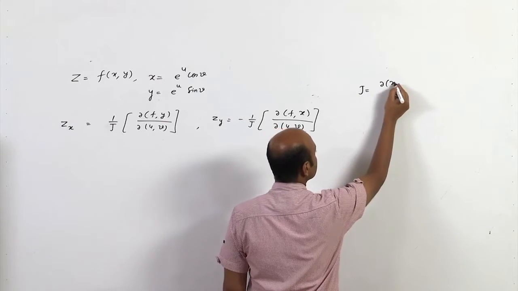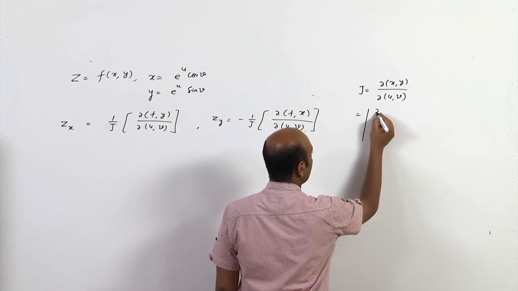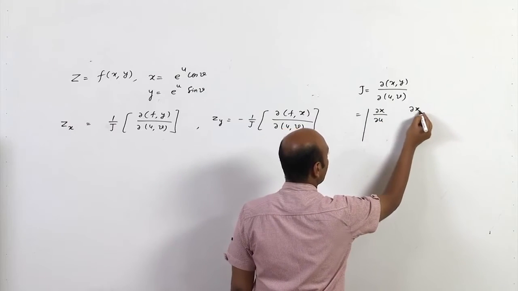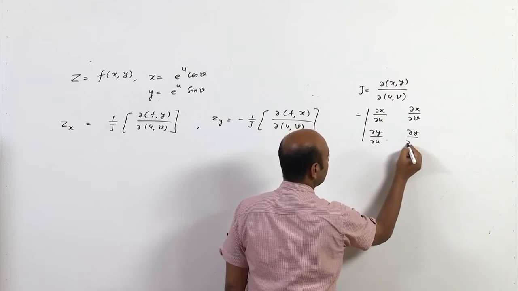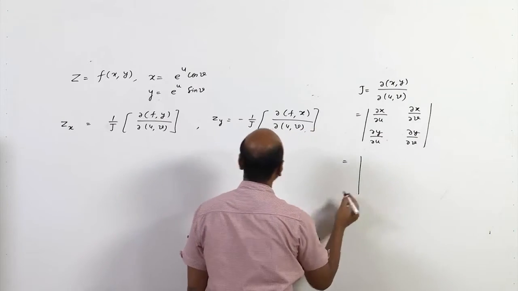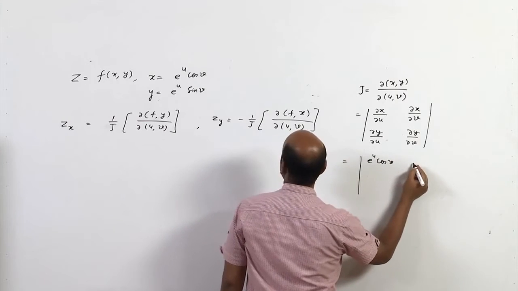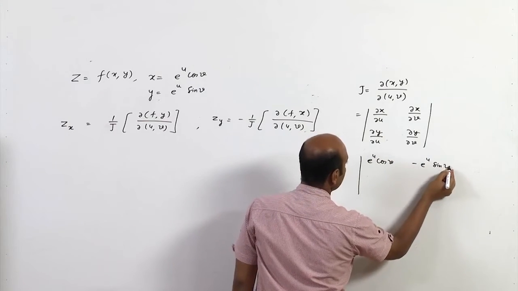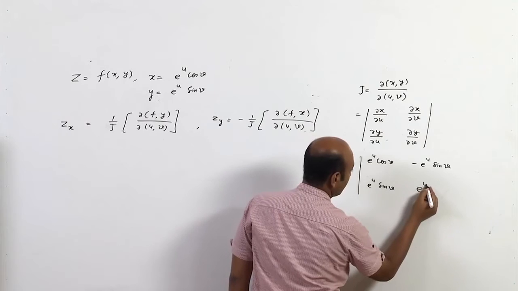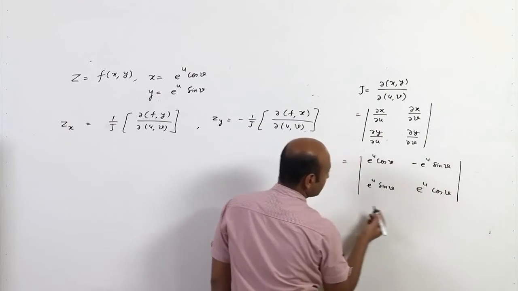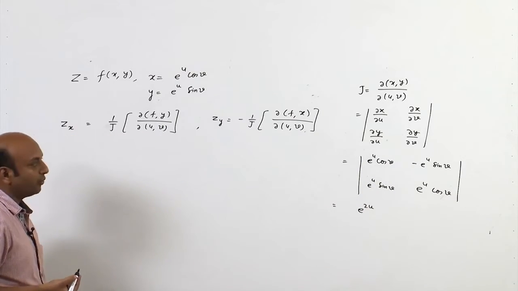J will be del of x y upon del of u v, which is equal to determinant of del x upon del u, del x upon del v, del y upon del u, and del y upon del v. And this is further equal to, del x upon del u from here is e raised to power u cos v, it is minus e raised to power u sin v, it is e raised to power u sin v, and it is e raised to power u cos v, and it is equal to e raised to power 2u, because sin square plus cos square is 1.